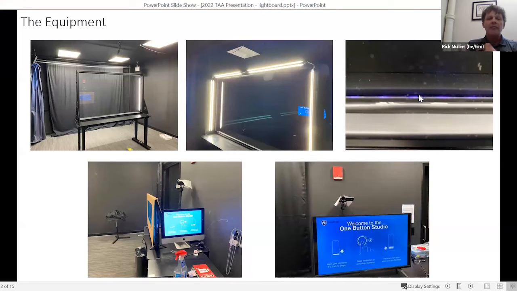So everything we do, we write with fluorescent markers, and the LED shining into the glass helps those to light up so that those stick out. This picture here, if you had this view here in the bottom right, that's the camera that you would be looking into, and here is the screen. We use this One Button Studio software from Penn State, but this is where you would see what you're actually writing and what the camera is seeing.